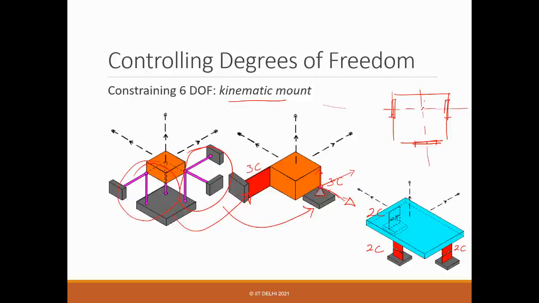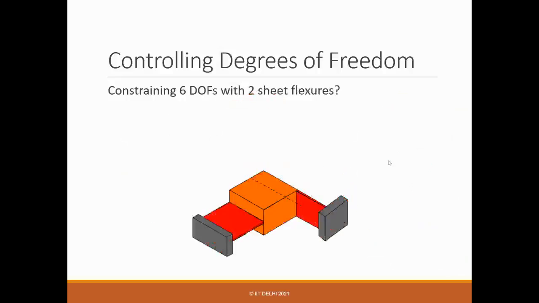So you will get the thermal center also here in this case. Now the question is, you have 3C here with the 1/6 flexure and 3C with this here. Do you think it can constrain all the 6 degrees of freedom, or whether it can provide you 6 constraints?